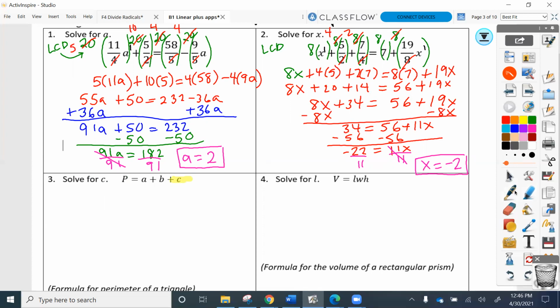Just as if A and B were numbers, to get them away from C, you would just subtract them. So we're going to subtract A and we're going to subtract B from both sides of the equation. So you'd just be left with P minus A minus B is equal to C. So that's what it means to solve for C. You're getting C by itself.